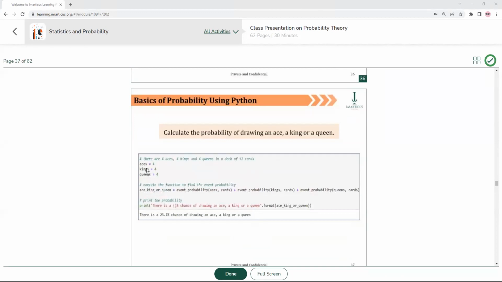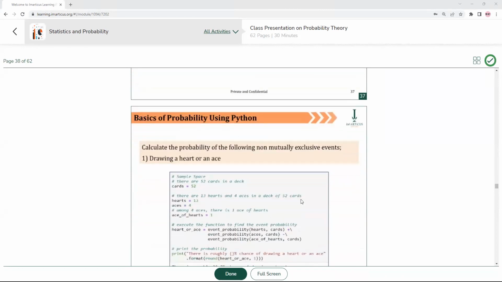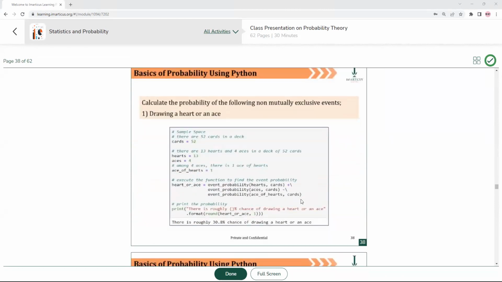Now drawing an ace, a king, or a queen. So ये सारे mutually exclusive है. Since they are mutually exclusive, we'll just add them up. So I'm not spending time on this. What about this?